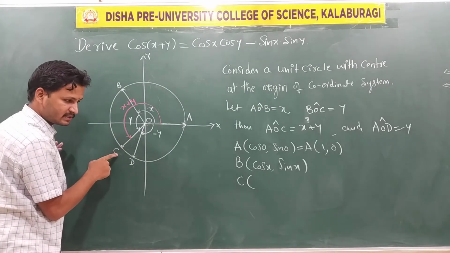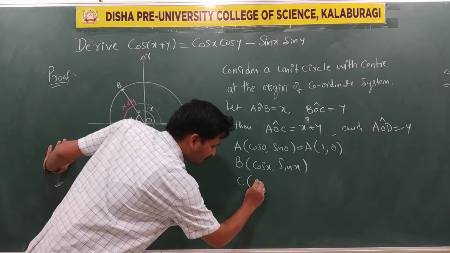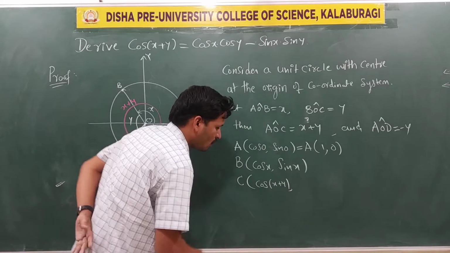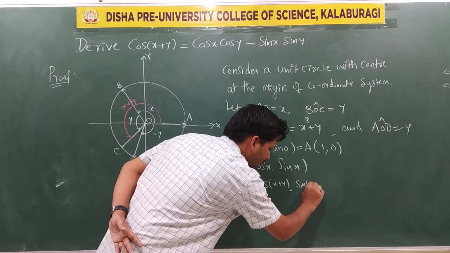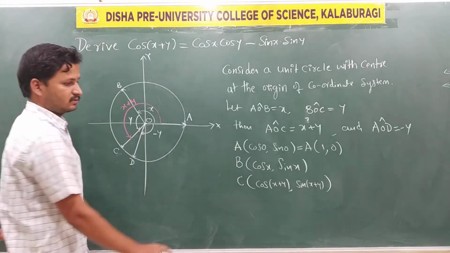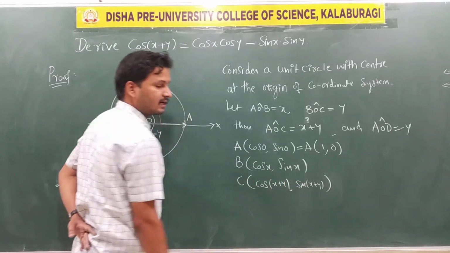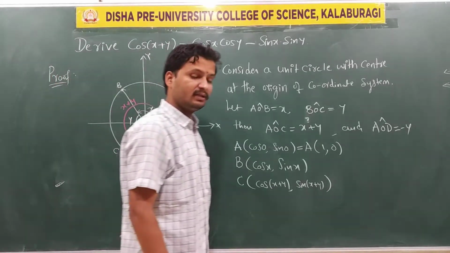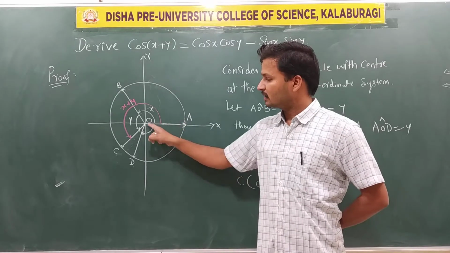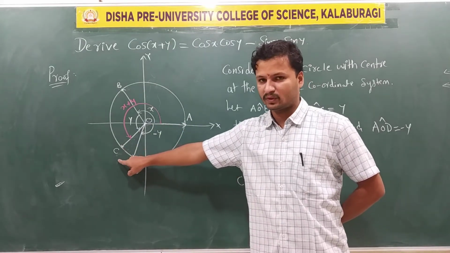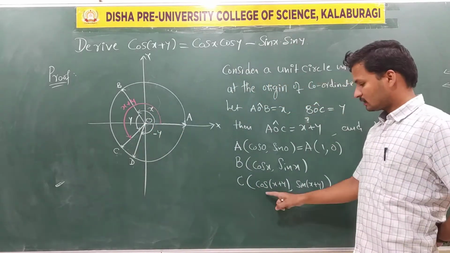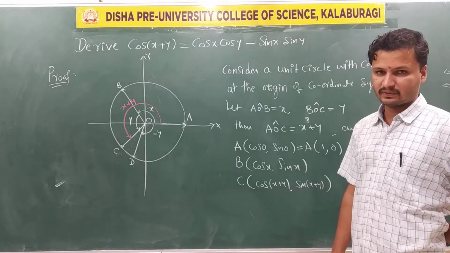So the coordinates of the point C can be written as cos of x plus y comma sin of x plus y. Is it clear? It's very important. Generally cos theta comma sin theta, theta is the angle between the initial line and terminal line. Here the initial line is OA, the terminal line is OC, and this angle is x plus y. So I wrote here cos of x plus y comma sin of x plus y.